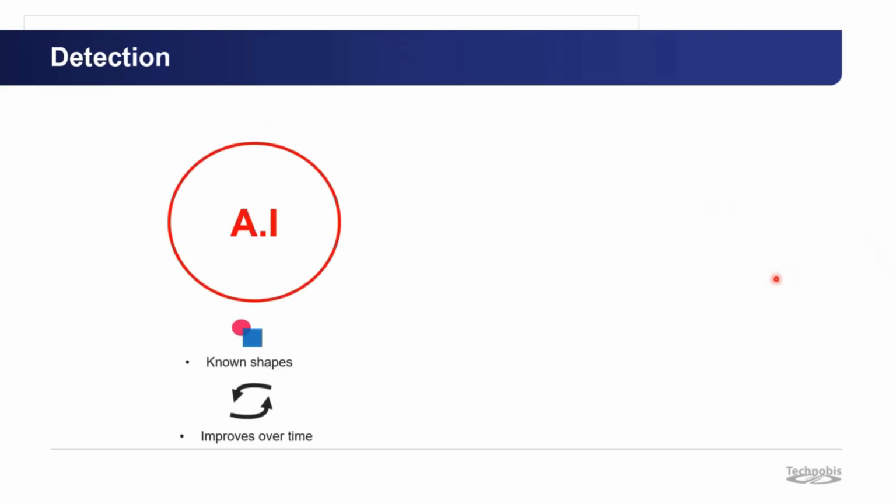So we have 3 main detections for our advanced analysis. The first is our AI software. This is good for detecting known shapes that the database has been trained on, and the database will improve over time, and therefore the detection will improve.